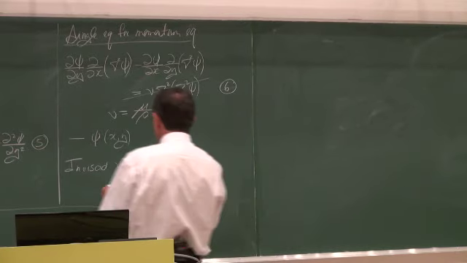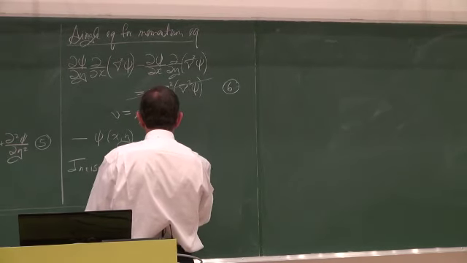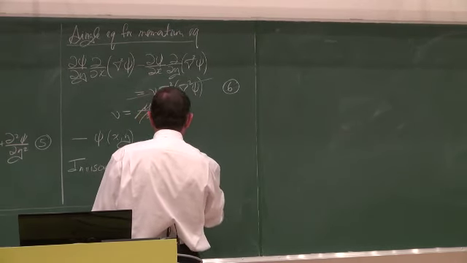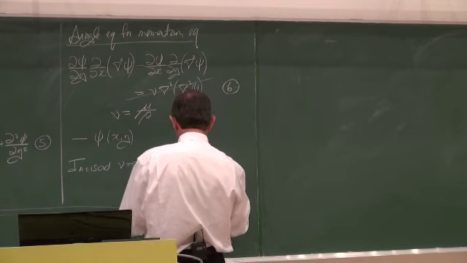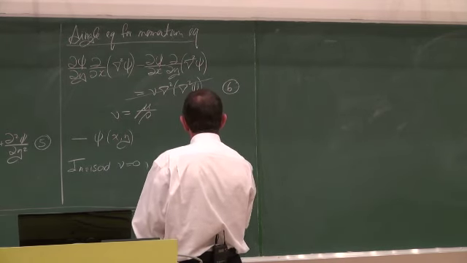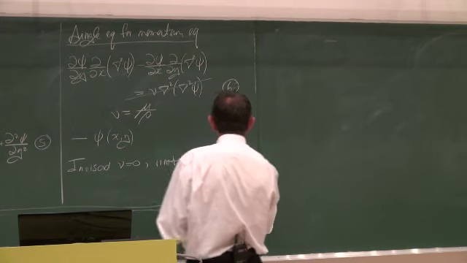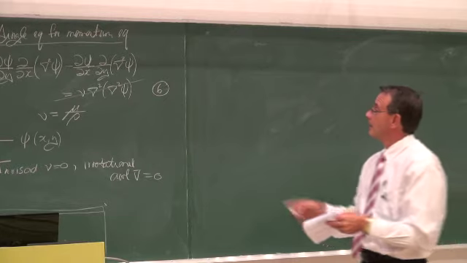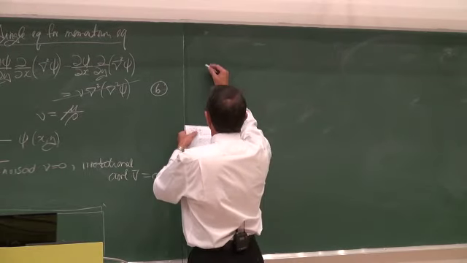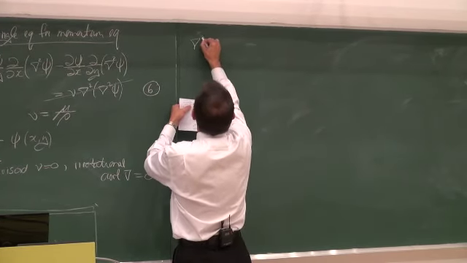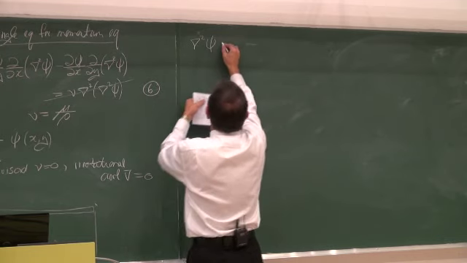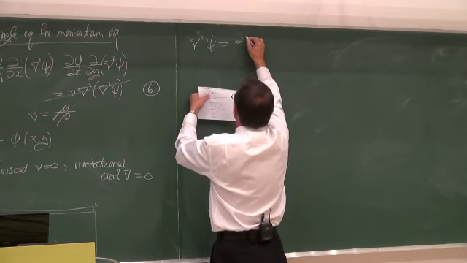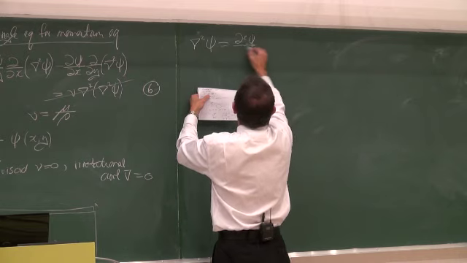And then we also say the flow is irrotational. If the flow is irrotational, then the curl of the velocity vector is equal to 0. And the result is that this equation now reduces to what is called the Laplace equation. Very simple Laplace equation.